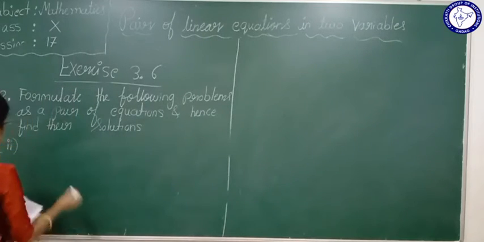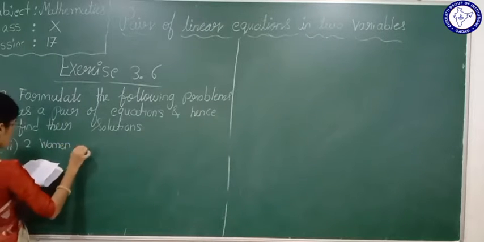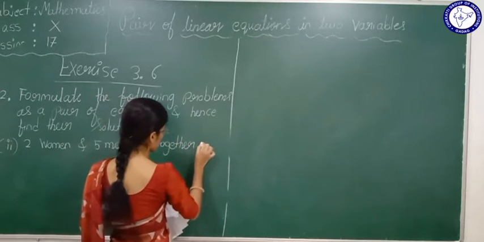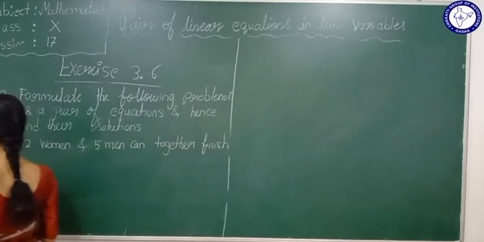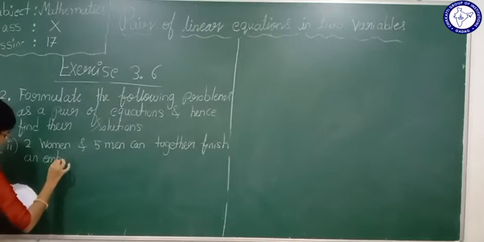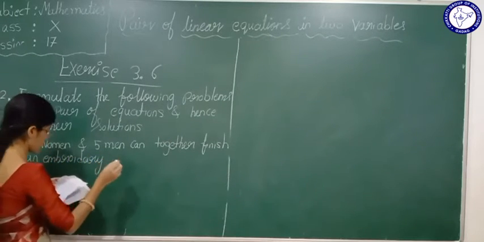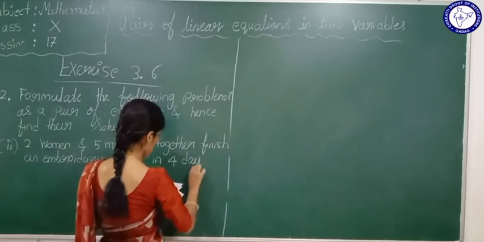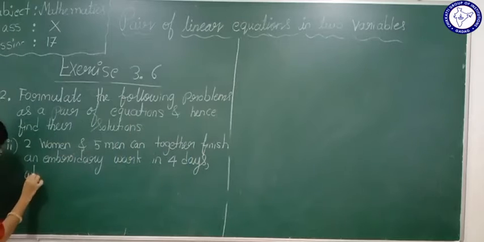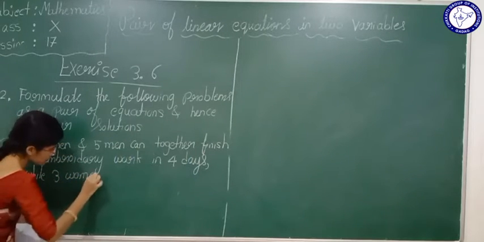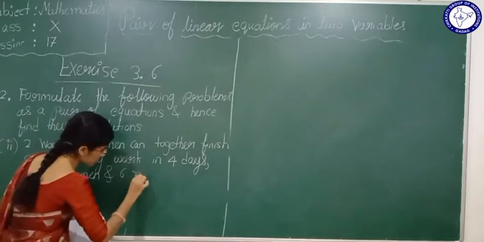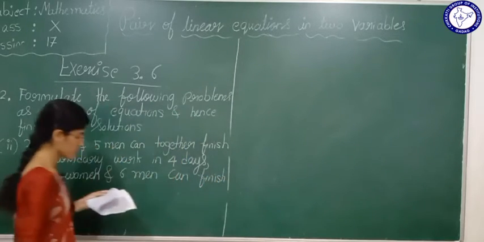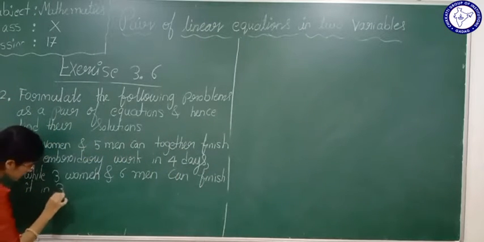See, that is: 2 women and 5 men can together finish an embroidery work in 4 days, while 3 women and 6 men can finish it in 3 days.